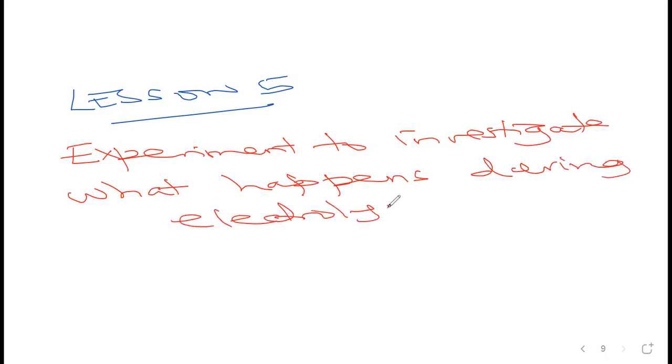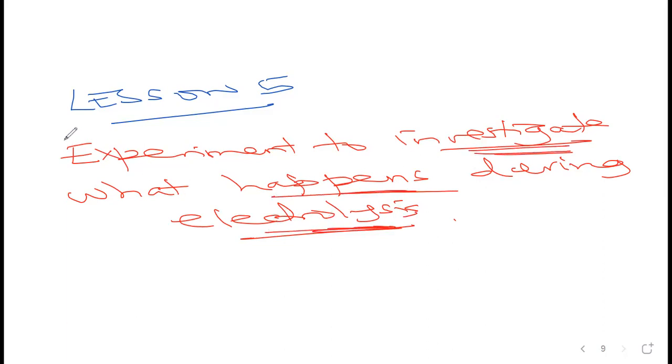You may wonder seriously, why is that bulb lighting, giving off dim light, giving off no light, and giving off very bright light? We shall see really what is happening during electrolysis.